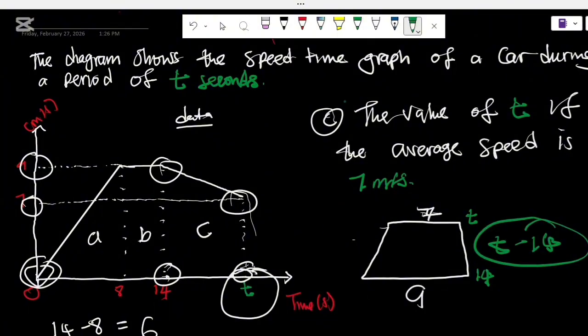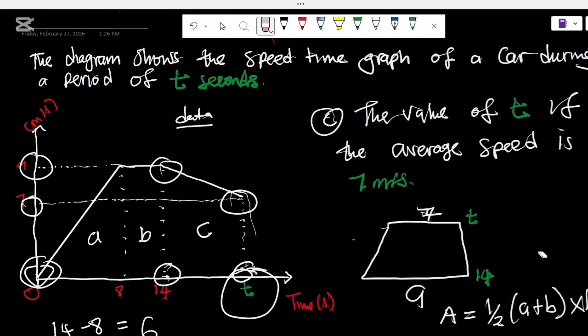And so whenever you are dealing with the area of the trapezium, it is always given by area is equal to half, and we are going to have A plus B times H. So this is the formula for the area of the trapezium, and this is what we are going to use to find the area of this particular shape. So this is going to be area is equal to half.